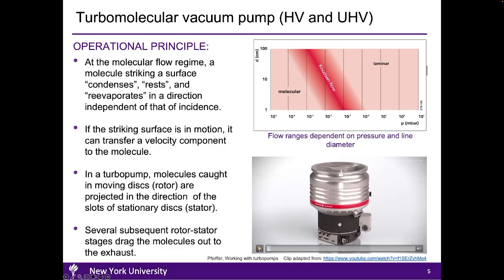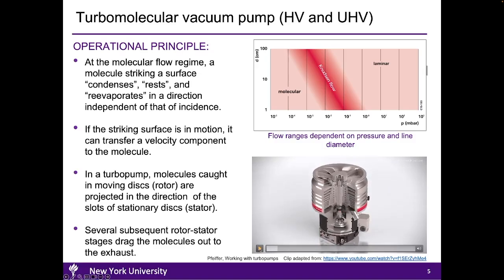The top port of the turbopump is connected to a process chamber that is intended to be evacuated. The bottom port, on the other hand, is connected to an exhaust through a scroll pump. Now let's look inside of a turbopump.